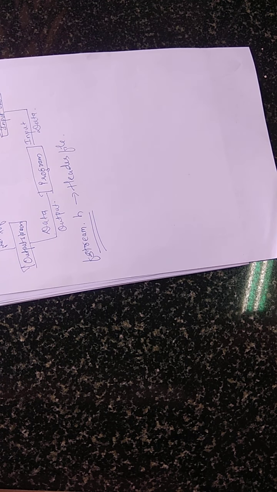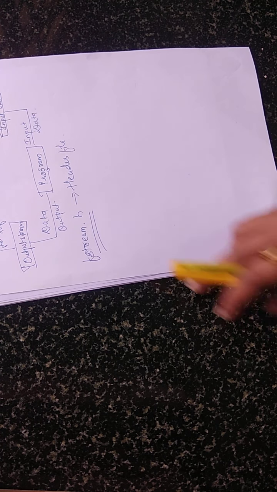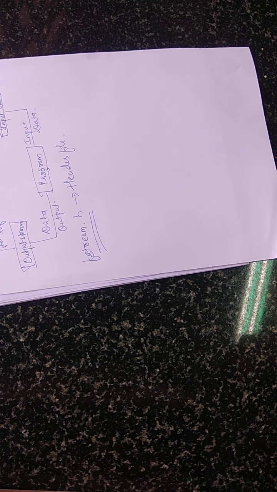Then, when you are performing any operations, meaning taking data or giving data, that is through an input stream or an output stream, or you are performing input operations or output operations. For this we have a standard library, and that library supports a header file called fstream.h.